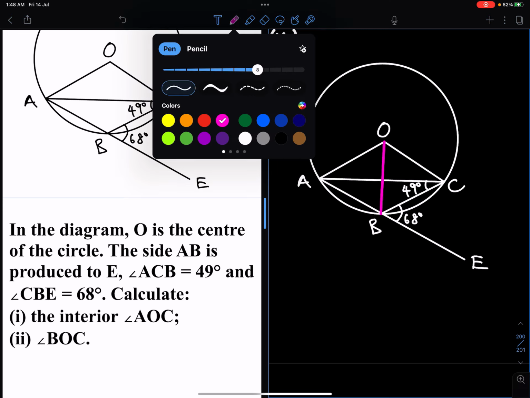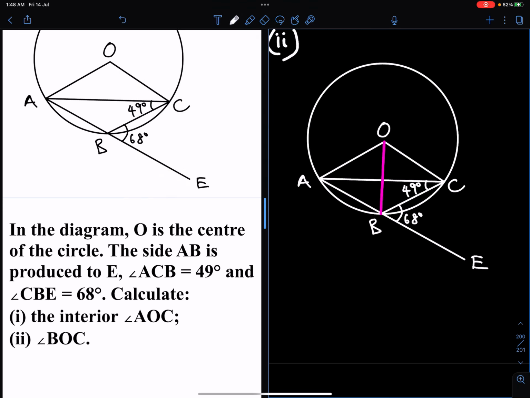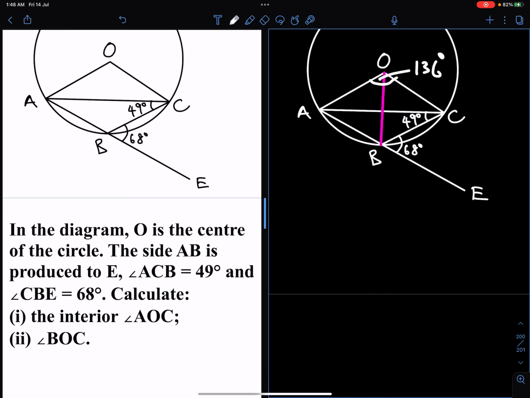First of all, I know that angle ACB is 49 degrees. Now I know the whole of angle AOC. The interior angle AOC, which is this angle, is 136 degrees. Yeah, that's correct. So that means angle OAC is equal to angle OCA.